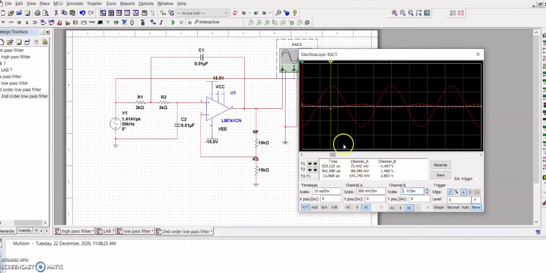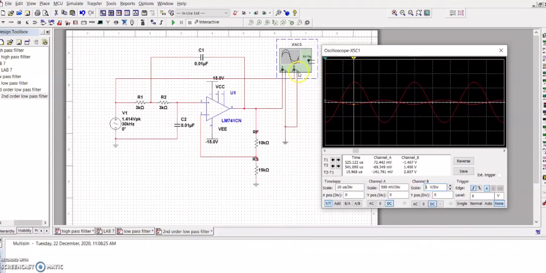For the frequency 30 kHz, the channel A, which is Vout, is 69.349 millivolt, and for channel B, which is Vin, is 1.400 volt.